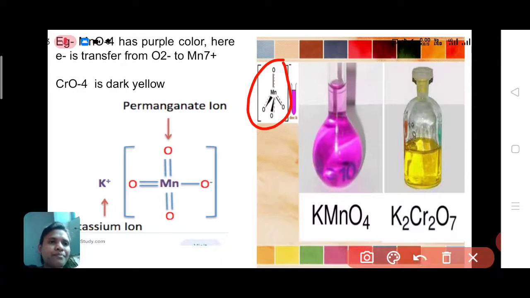Okay, so here is the conclusion of this property, that is color of transition elements.